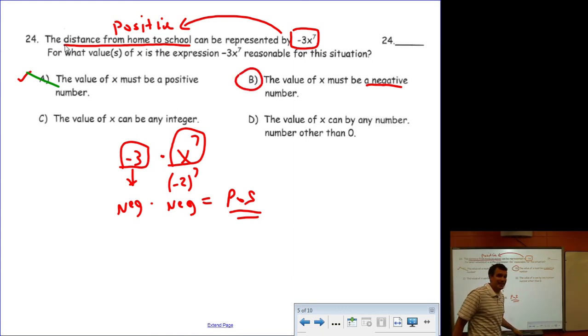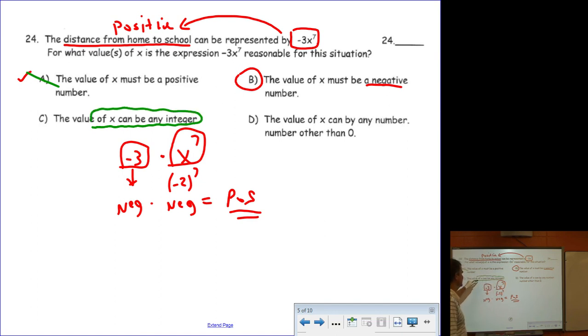But we need to check the others to see if maybe there's a better answer. The value of x can be any integer. Well, saying it can be any integer means, of course, it could be a negative integer, but it could also be a positive integer. And as we saw from part A, it cannot be a positive integer.